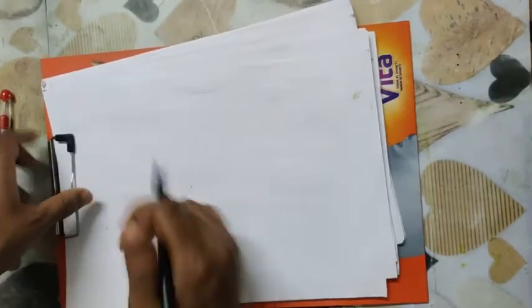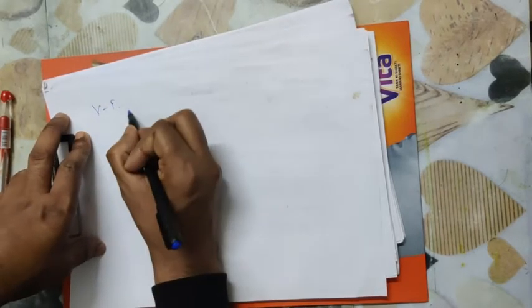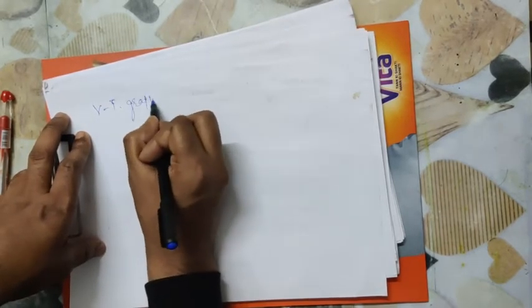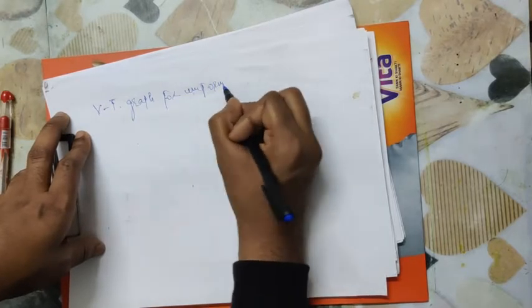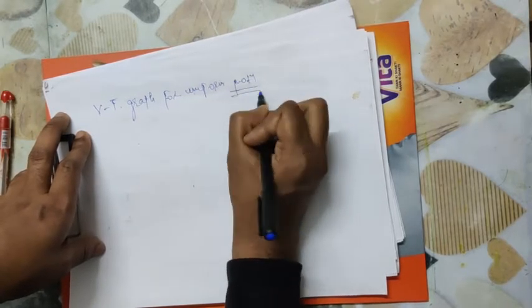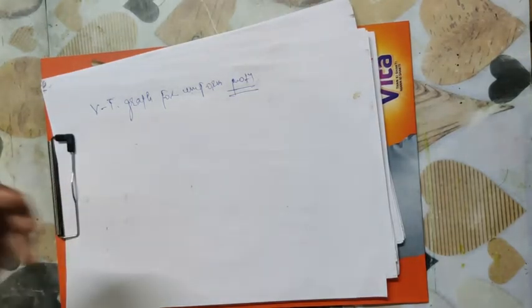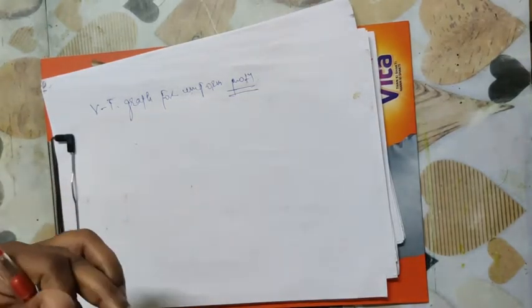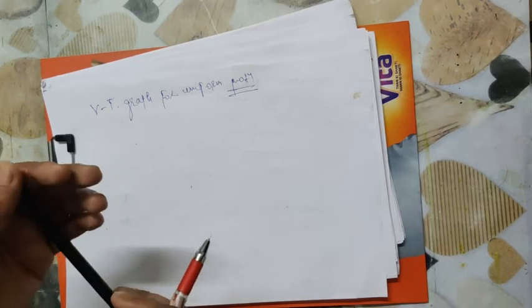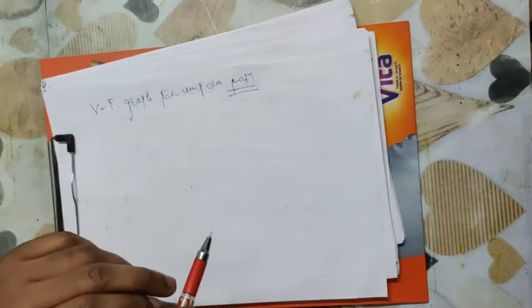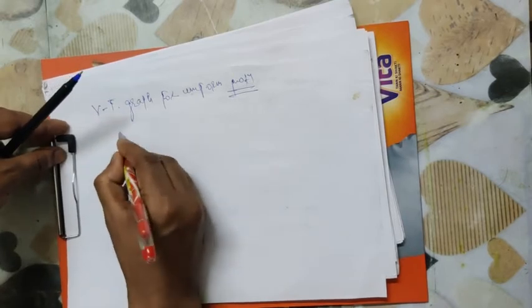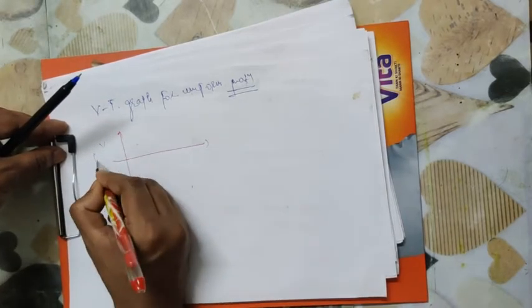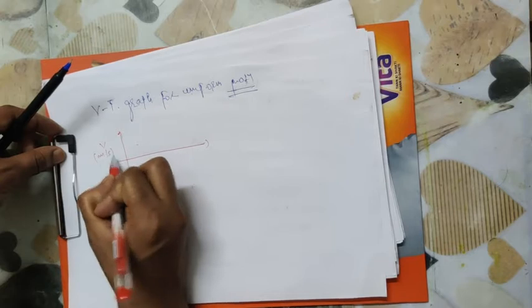The second thing to discuss is the velocity time graph. That is very important. Velocity time graph for uniform motion. The first case is the velocity time graph when a body, like a car, is traveling with uniform motion. Here on the x-axis I am taking time in seconds, and on the y-axis I am taking velocity in meters per second.